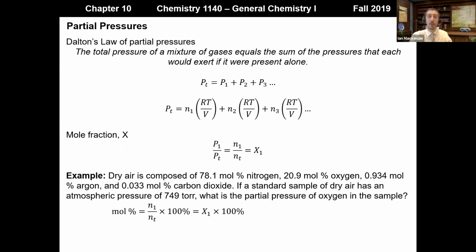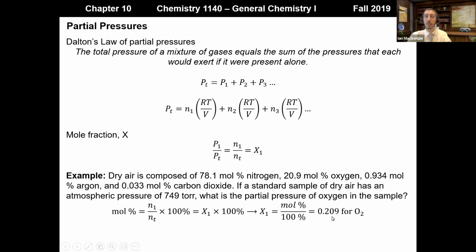So if we solve this for the mole fraction, we get mole percent divided by 100%. For oxygen, which is what we're interested in, it's simply 20.9% divided by 100%.